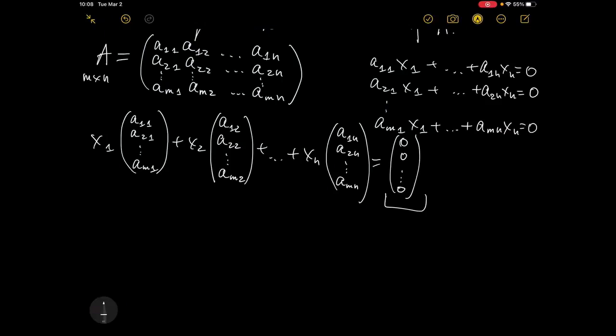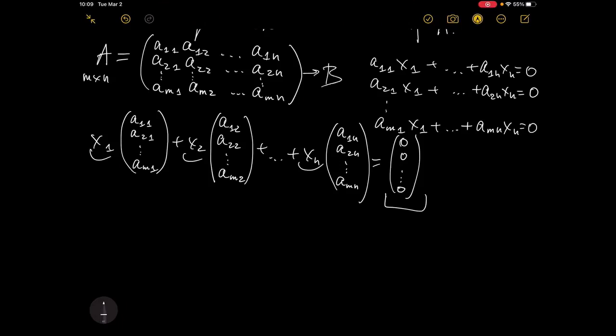Now, from the other point of view, I know that elementary row operations do not change the solution set. So this set of coefficients will stay the same under elementary row operations.